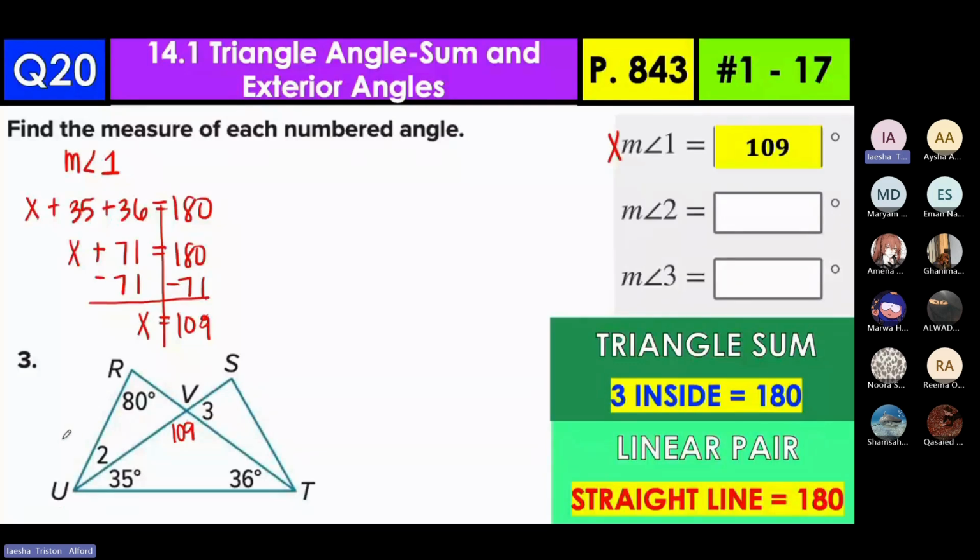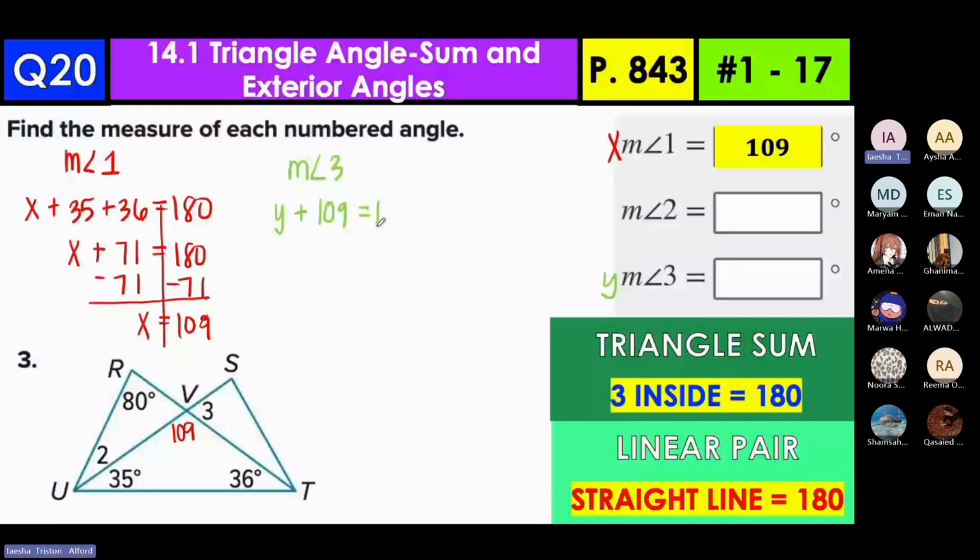What if we find angle 3? How can we find angle 3? Linear pair. Yeah. So I'm going to use y for this one. What equation can you write? y plus 109 equal 180.